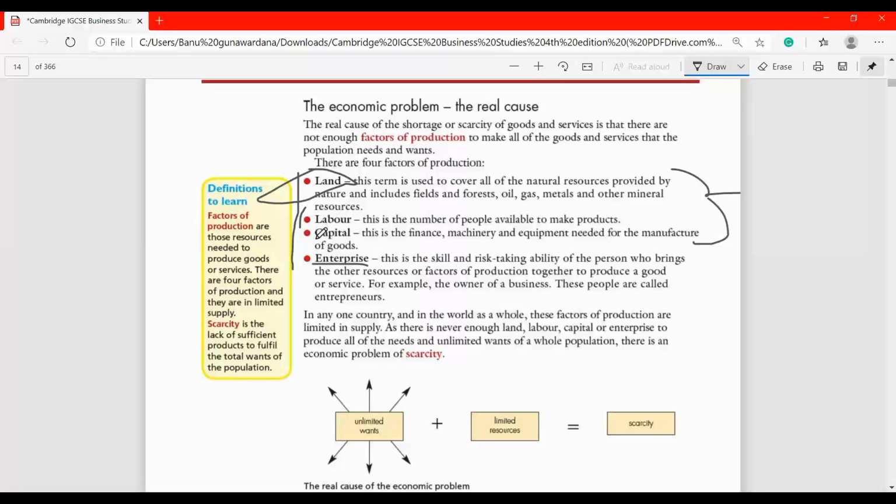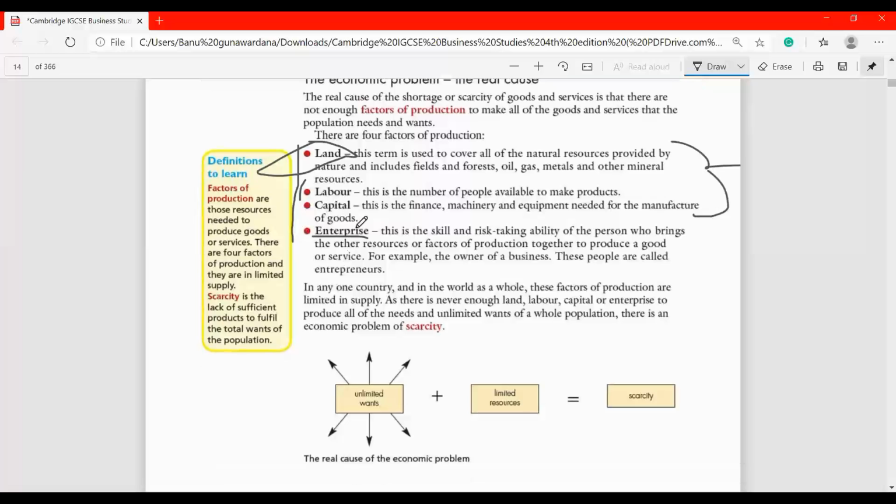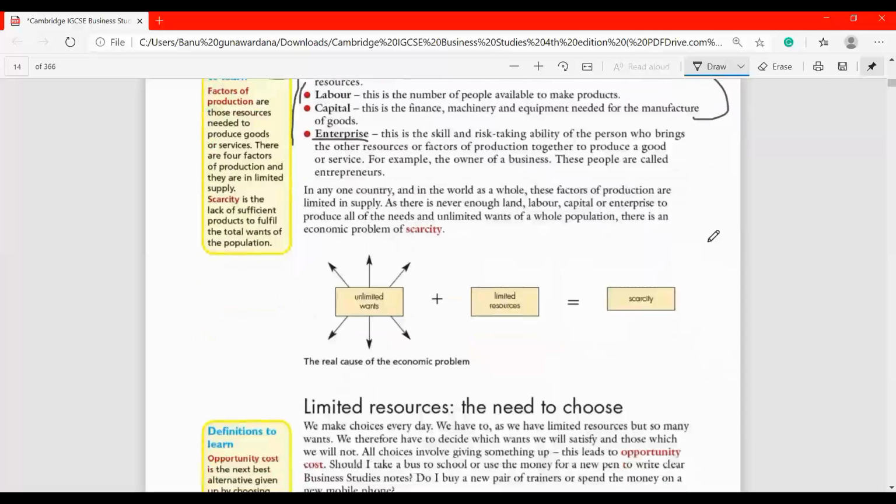In the same way, we can see that there won't be an endless amount of capital, which means that capital is also limited. And enterprise, the skill to produce goods or services, the ability to take risks, will also be limited. Not all people will possess the skill of an enterprise. So with this, we can say that the factors of production are limited, which leads us towards scarcity.